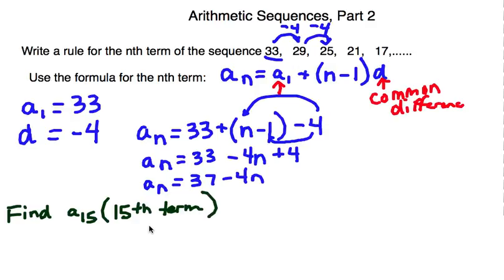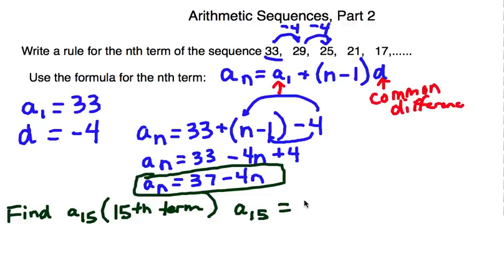This is an easy way of doing it versus trying to subtract 4 all the way out 15 terms. So we take our rule here, and we are going to substitute 15 for n. So we have a sub 15 equals 37 minus 4 times 15.